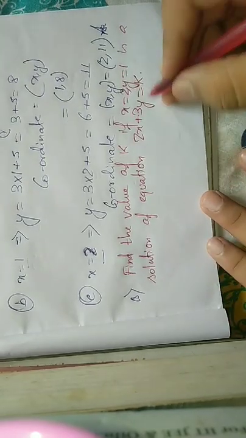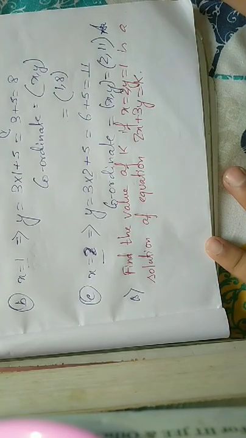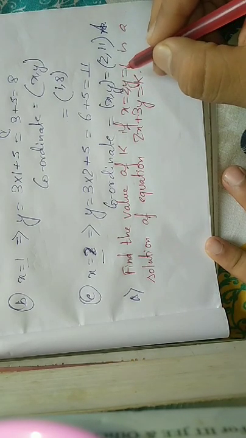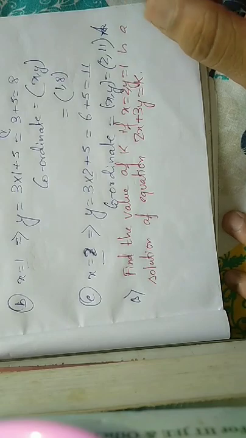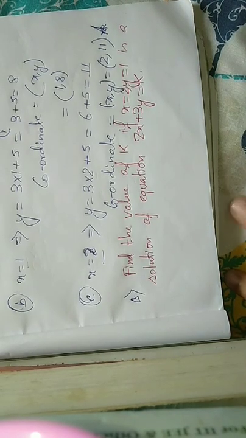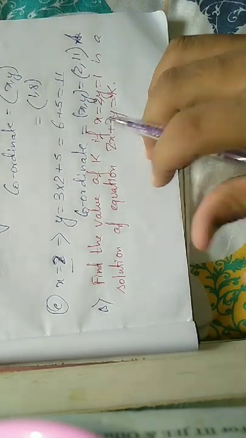So I have an equation with me, and they have already given the solution x equal to 2 and y is equal to 1. So your task is just to calculate the value of k.